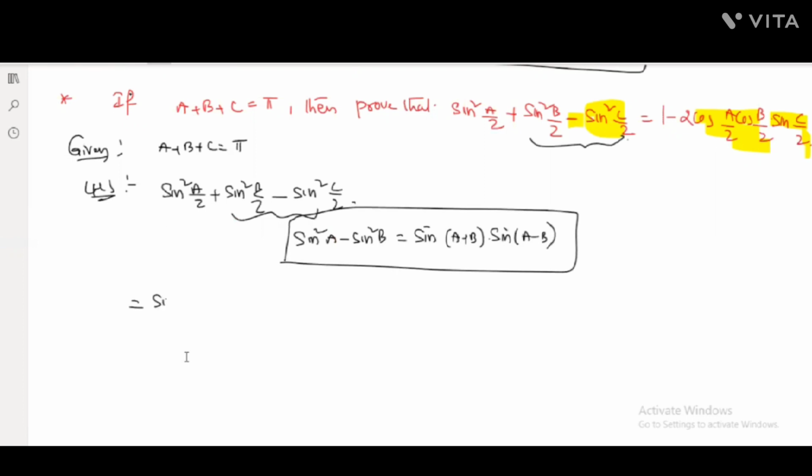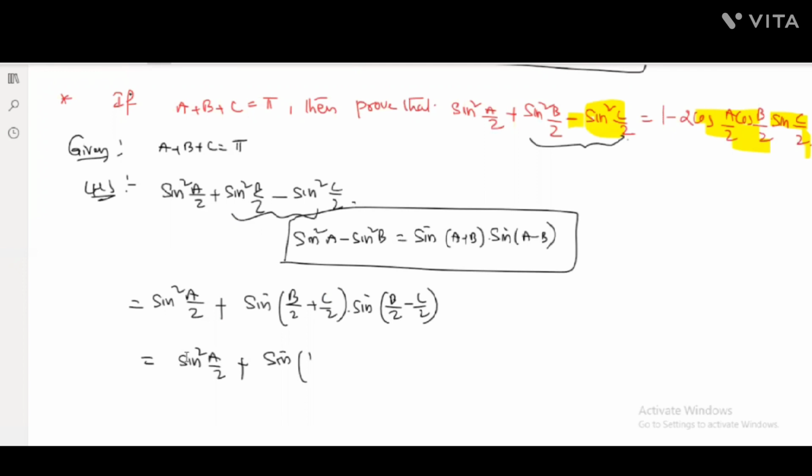So what we will get is sine square a by 2, as usual, plus sine of a plus b, meaning b by 2 plus c by 2, into sine of a minus b, meaning b by 2 minus c by 2. So this is equal to sine square a by 2 plus sine b plus c by 2 into sine b minus c by 2.